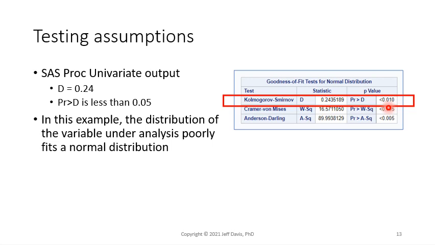So again, remember what the null hypothesis for the Kolmogorov-Smirnov test states. It says that the shape of your sample data is the exact shape of a perfect normal distribution. So the CDF of your variable is exactly equal to the CDF of a variable that represents a perfect normal distribution.